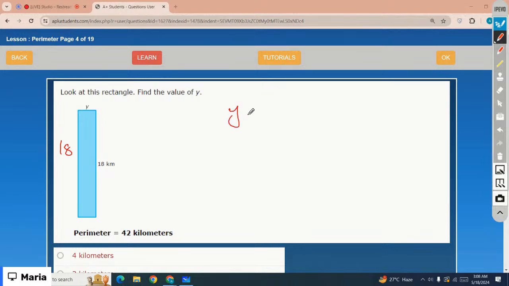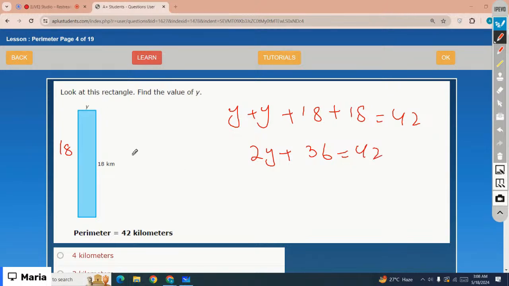So that is y plus 18 plus 18, that equals 42, right? So that is 2y plus 36 equals 42. Let's just subtract 36 from the other side. So 42 minus 36 is 6. That means y equals 3 kilometers.